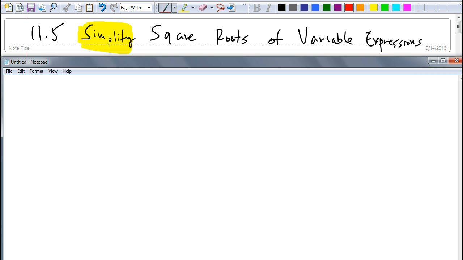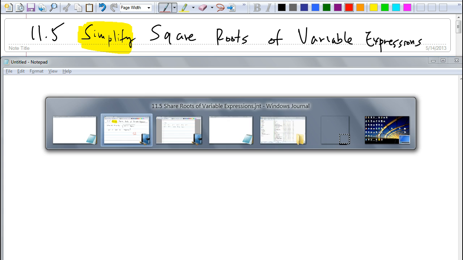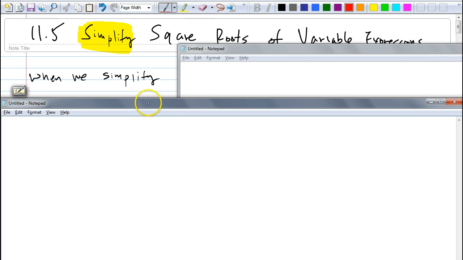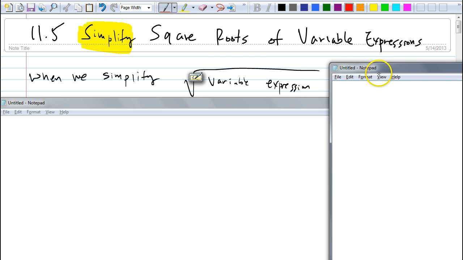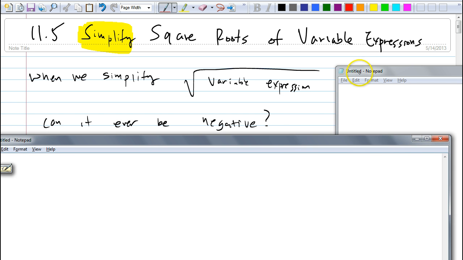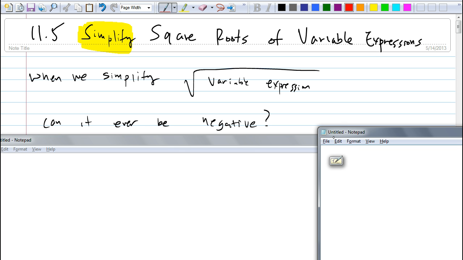Okay? So the key point is this. Whenever we simplify square root of some variable expression, is it possible for it to come out to be negative when you simplify? By the way, what is this expression that we're trying to simplify? Is this a positive number or negative number? Positive.